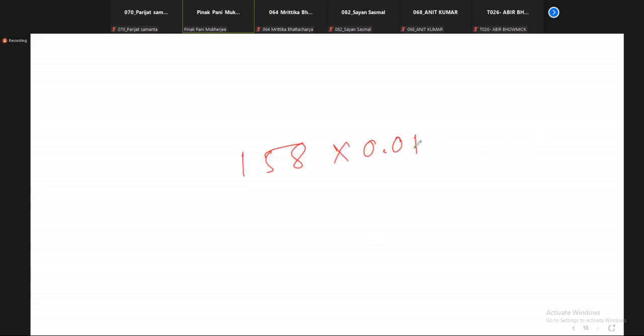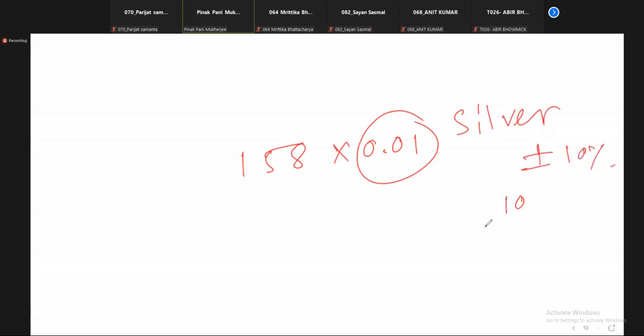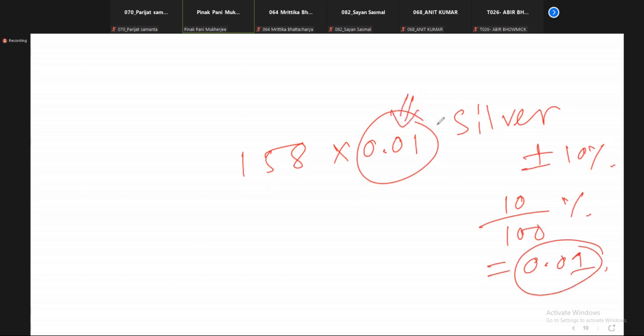The 0.01, sir, because it is plus minus 10%. Now what do we get from 10%? 10 by 100. Doing this gives 0.01. Okay, so in place of silver you will write down this one, and the tolerance band is plus minus 2%. Now you can calculate.